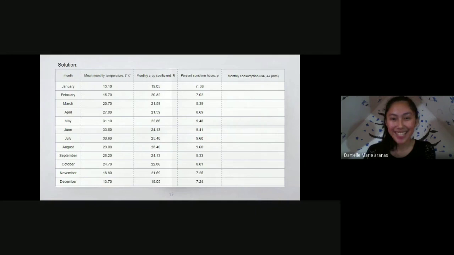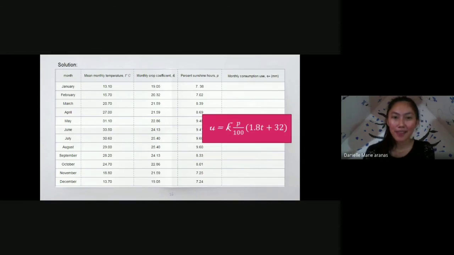So what is again the formula for monthly consumptive use? It is by multiplying the monthly crop coefficient to the percentage, divided by 100, and multiplied by 1.8 times its temperature plus 32.